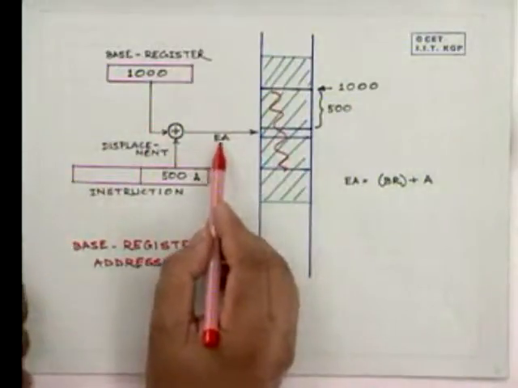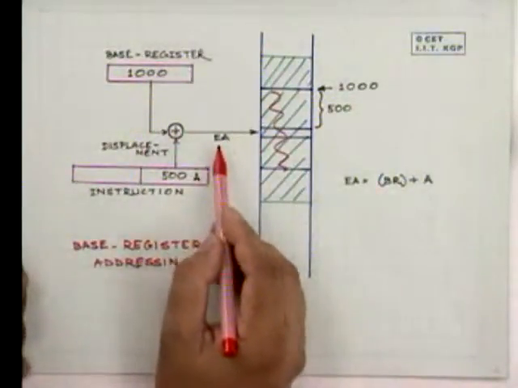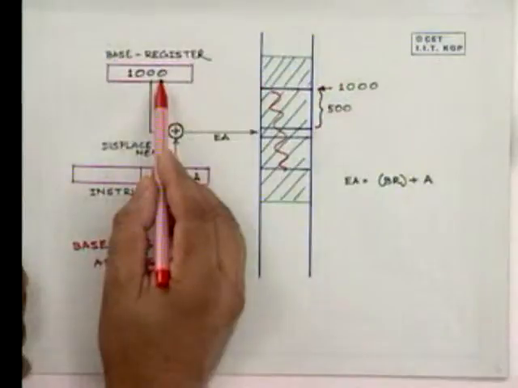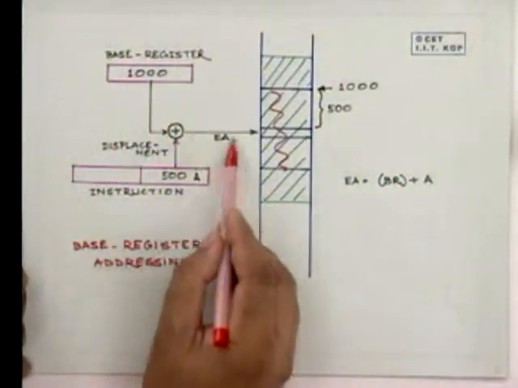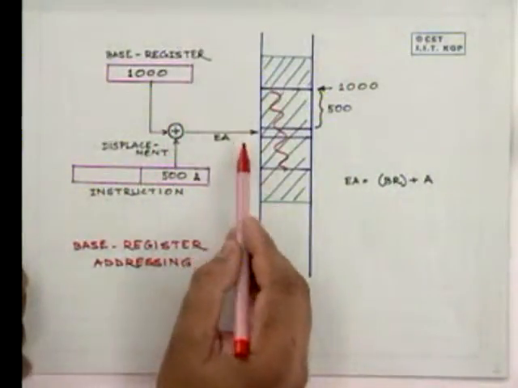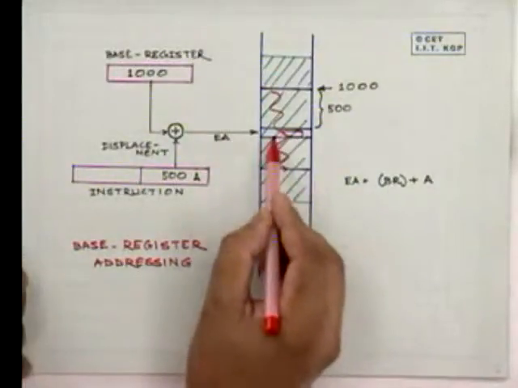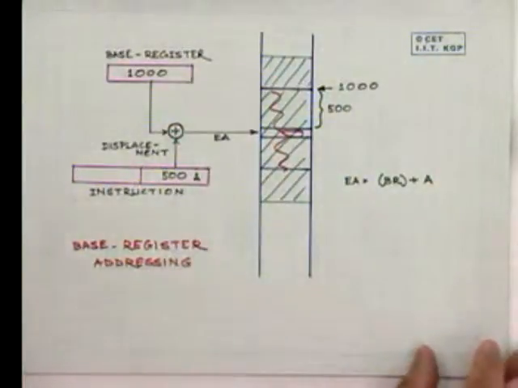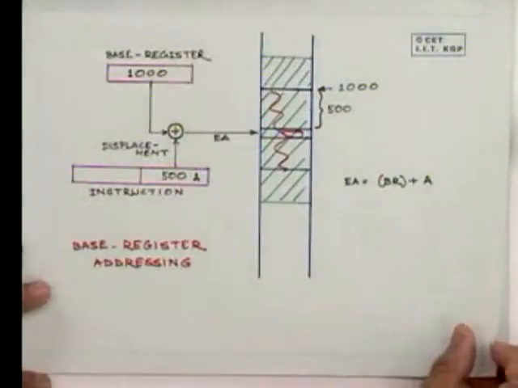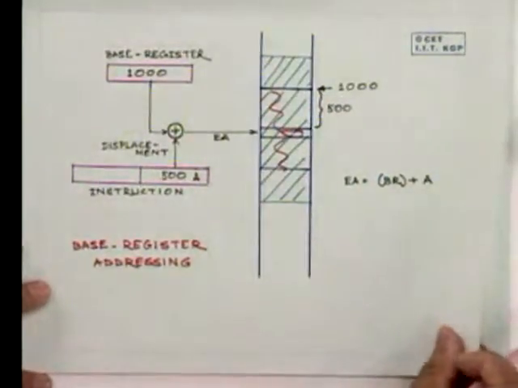Therefore, here the effective address is the content of the base register added with the displacement, and then you get that effective address, and its content can be taken as an operand. This is our base addressing.